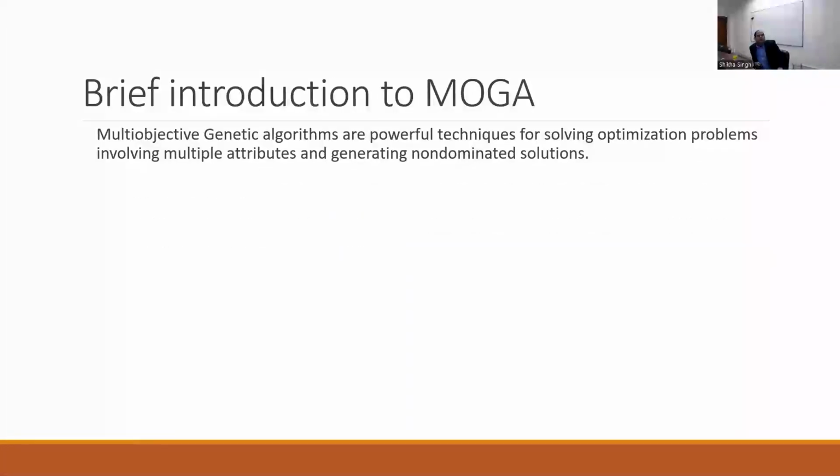So I'll give a brief introduction to multi-objective genetic algorithms. In some ways, the golden era for genetic algorithms came with the advent of what we call MOGAs, or multi-objective genetic algorithms.